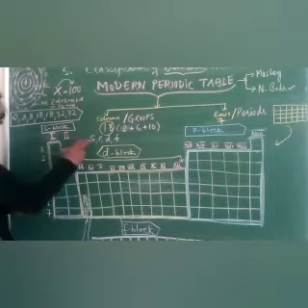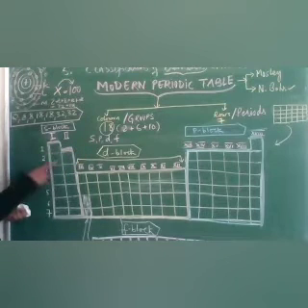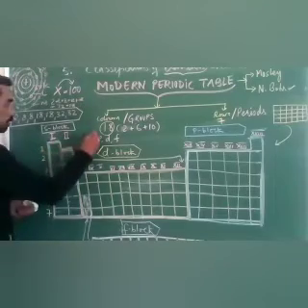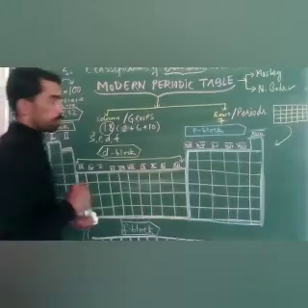In which total how many columns are there in S? 2. Okay. Total how many columns are there in P?